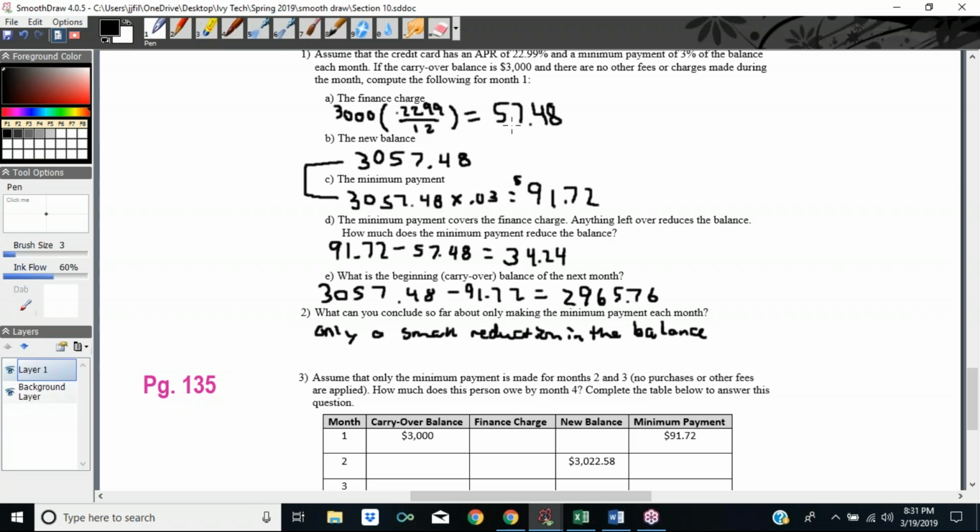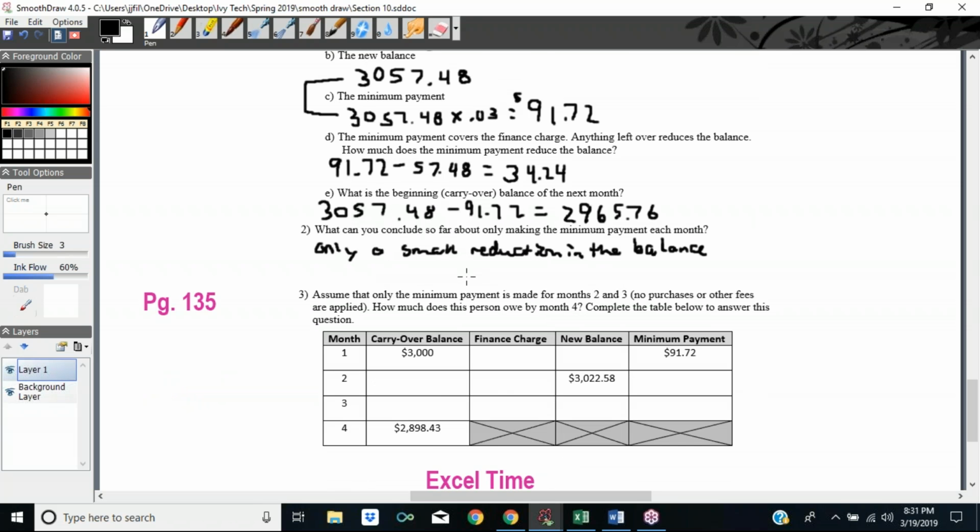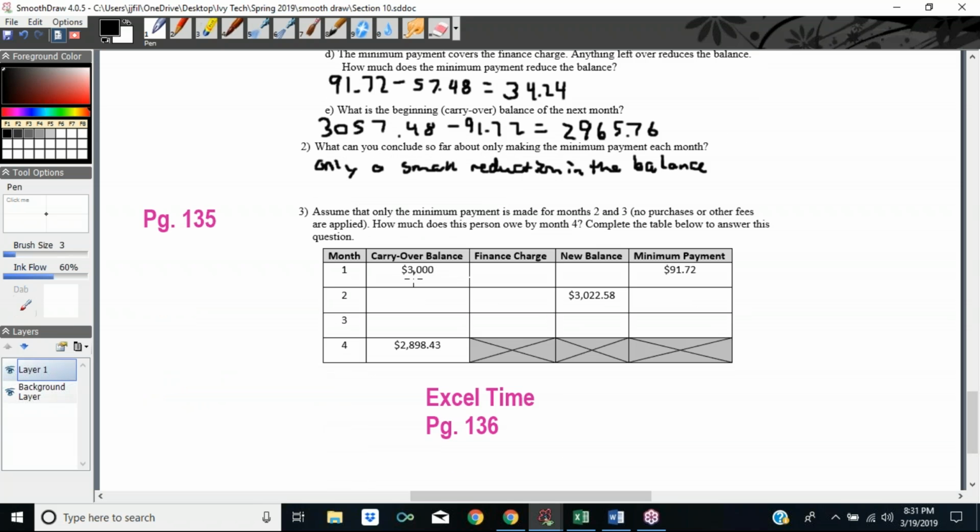The finance charge was 57.48, and the principal applied was only 34.24. But you reduced it a tiny bit. It's not that $3,000 anymore. It's only $2,965.76, right?